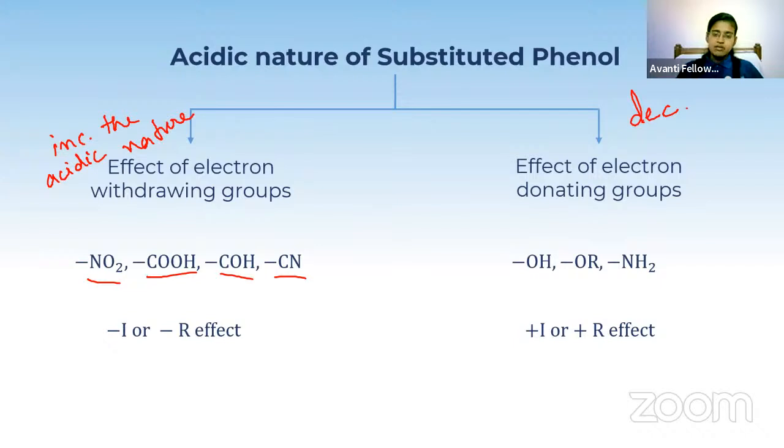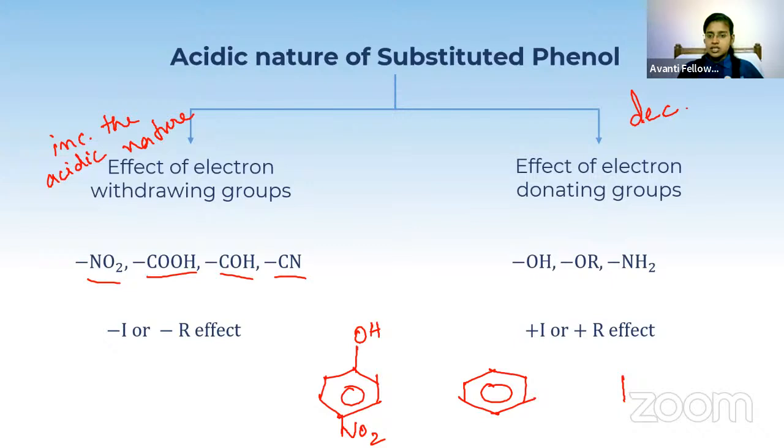So if I compare, let me take this phenol with NO2. Secondly, let me take phenol. And thirdly, I am going to have phenol attached to CH3. So here NO2 is an electron withdrawing group and CH3 is an electron donating group to the ring.